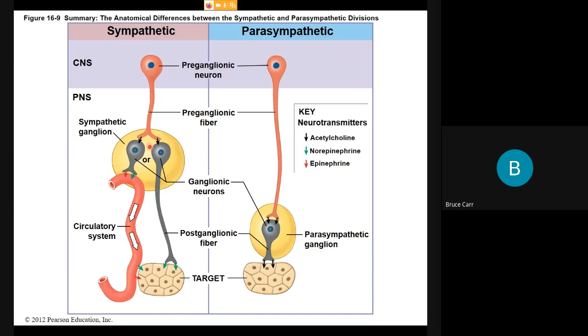And over here, sympathetic is largely acetylcholine, but there are connections that depend on the hormones norepinephrine and epinephrine from the adrenal gland. And so they act as neurotransmitters as they stimulate increased activity and control of the circulatory system or other target organs.